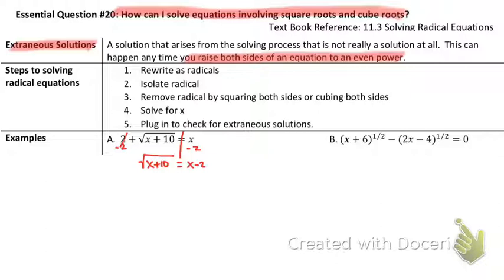So I'm going to raise this entire thing to the power of 2, and we have now canceled the radical. So now I have x plus 10 equal to x minus 2 to the second.